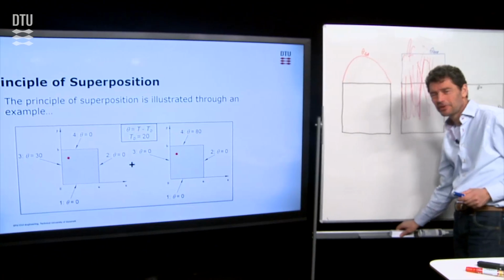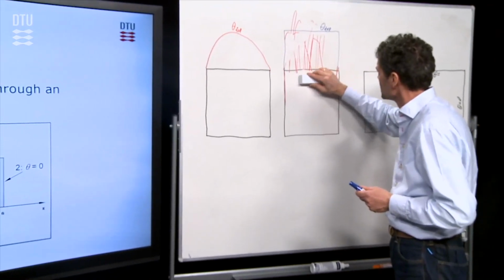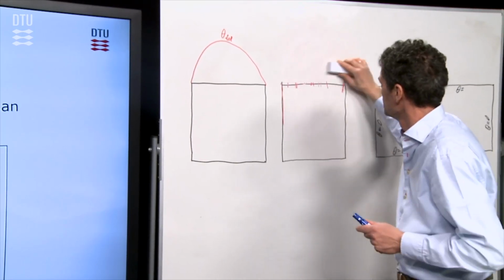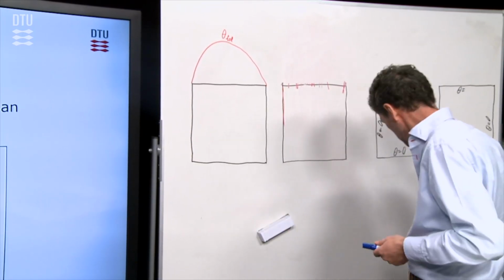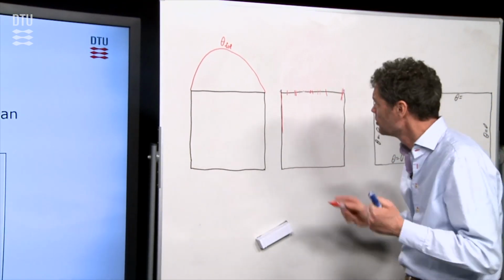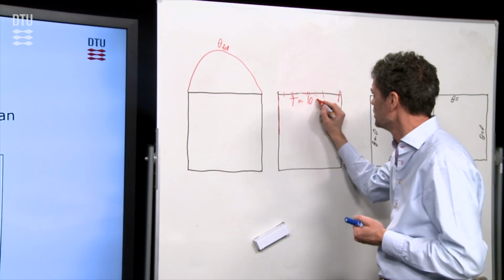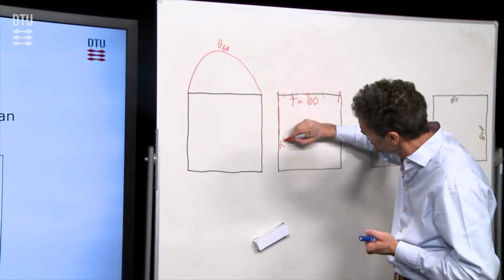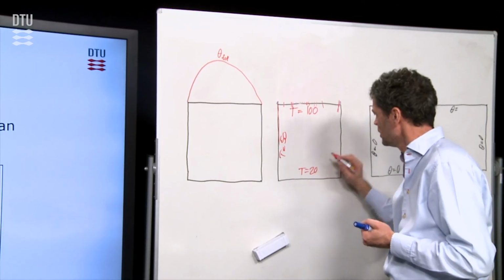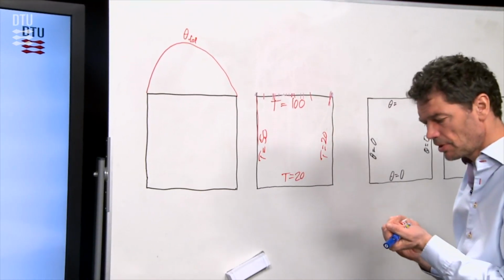I have to erase a little bit here because I want to reuse some of the things I had. I'll just write here the temperatures that we had: T equal to 100, T equal to 50, T equal to 20, and T equal to 20 on those borders.